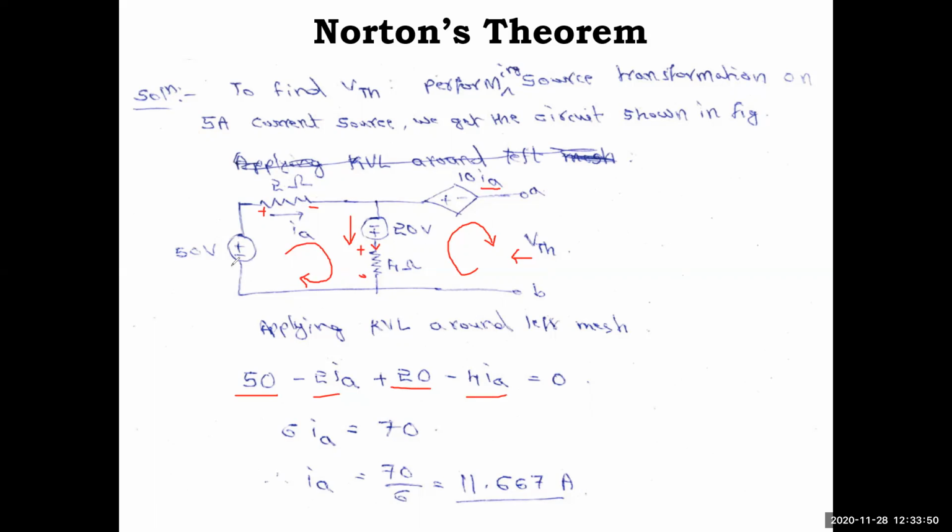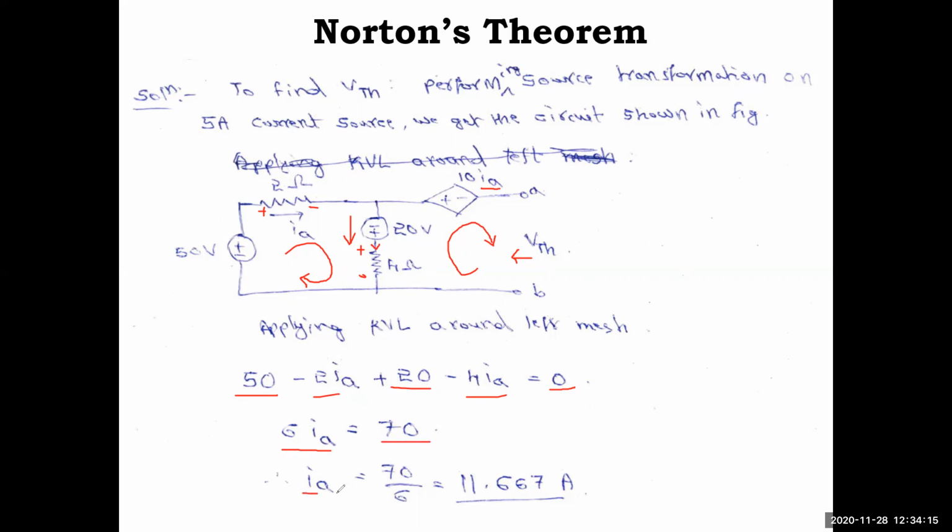Even if you apply according to the sign first, it will be minus 50 plus 2 IA minus 20 plus 4 IA, which is the same as this, just interchanging the signs. Whichever convention you can follow. Now simplify this. You have minus 4 minus 2, minus 6 IA, plus 70 equal to 0. If you take the minus to that side, it will become plus 6 IA equal to 70.